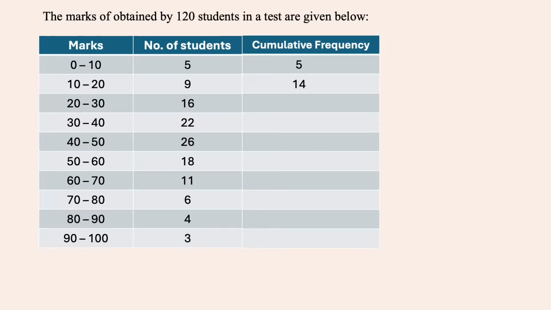So 14 is already the addition of the first two. So we add 16 to 14 and we get the next cumulative frequency as 30. Moving on, 30 plus 22, that is 52, gives the next cumulative frequency. So if we keep on adding one frequency at a time, we get all the cumulative frequencies for the class intervals.